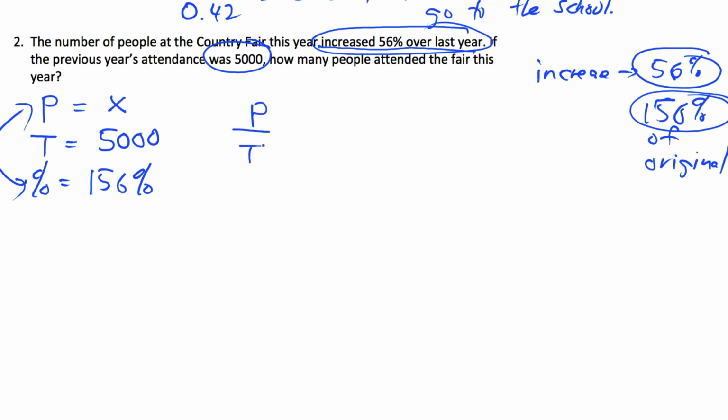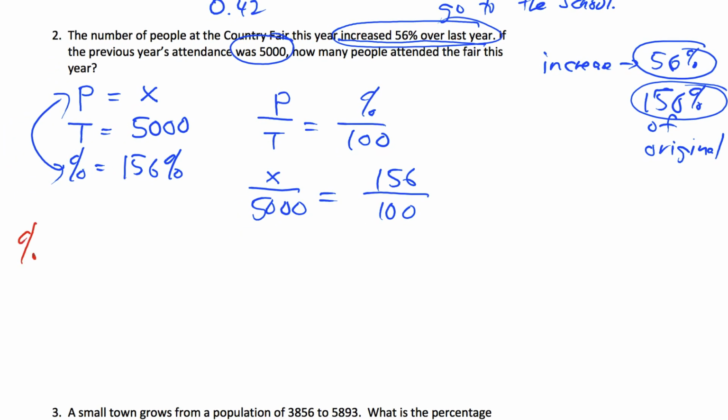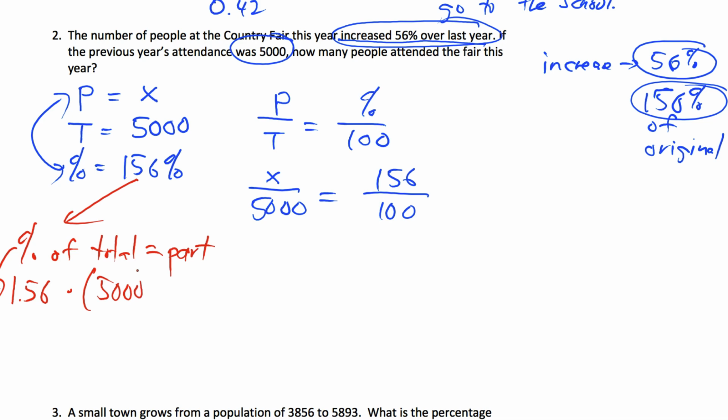So if I set up part divided by total equals percentage divided by 100, my equation will look as follows. X over 500 equals 156 over 100. If you would prefer to set up your equation as the percentage of the total equals the part, then you would set this up as 1.56, your percentage in decimal form, of, which means multiply, your total, which is 500, and that will give you the part, which in this case is more than the original.